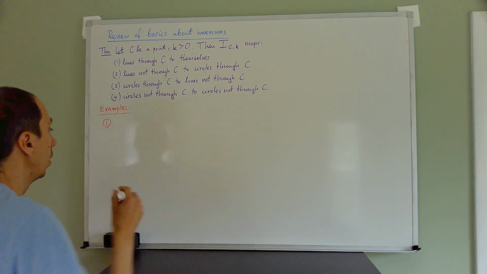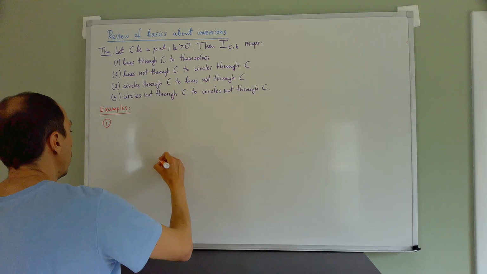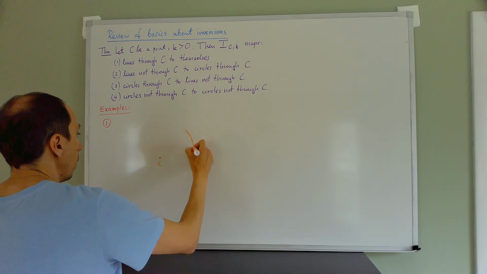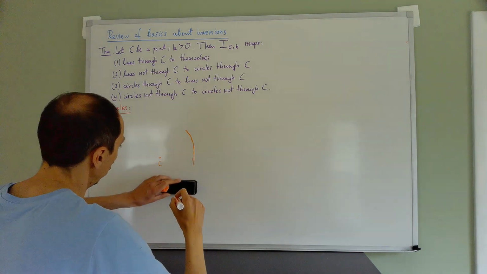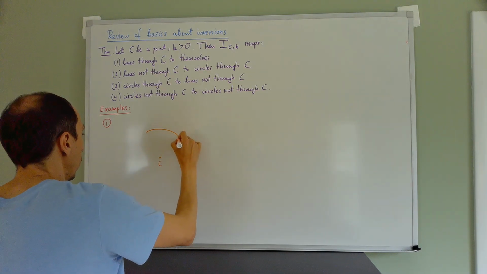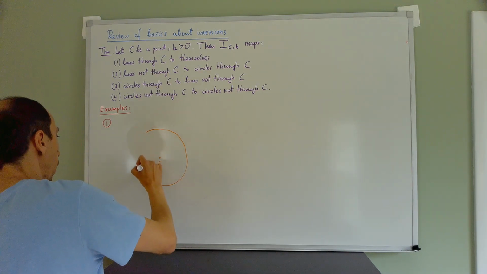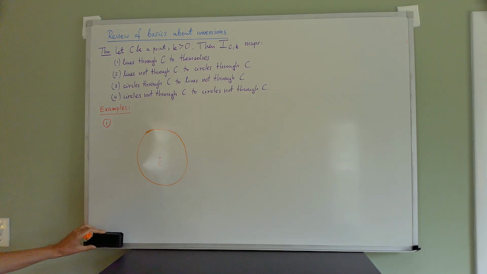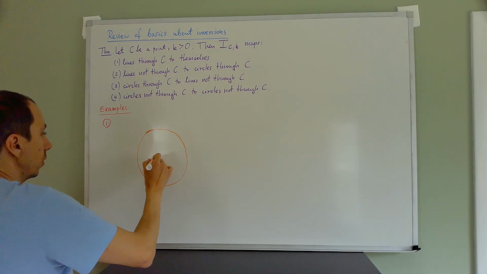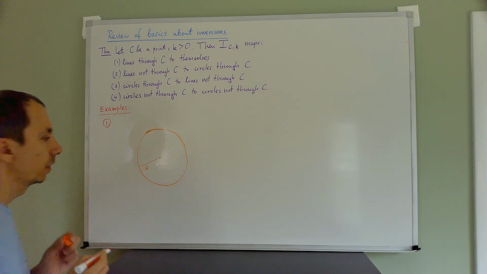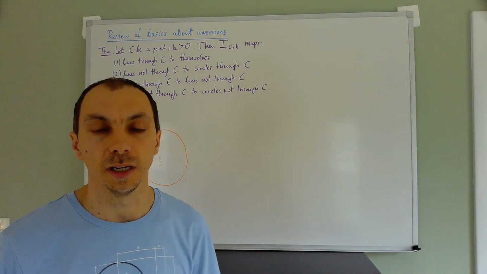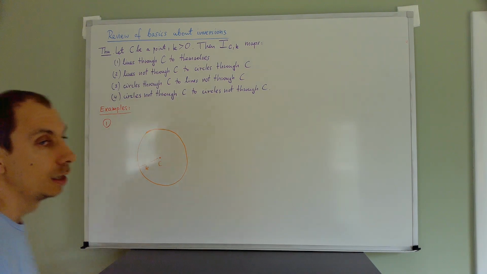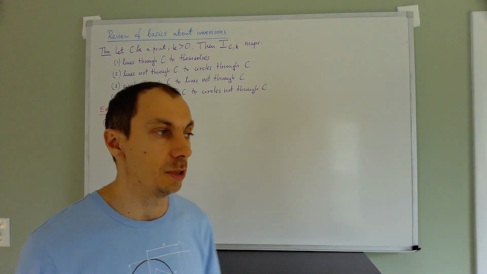So this is the circle of inversion. You see the radius being k. First, let's start with a very easy case, namely case number 1.